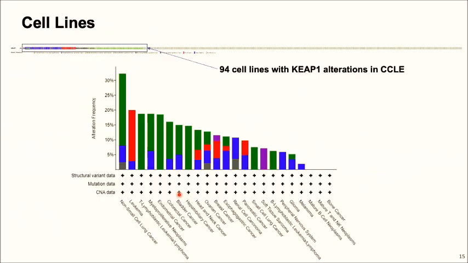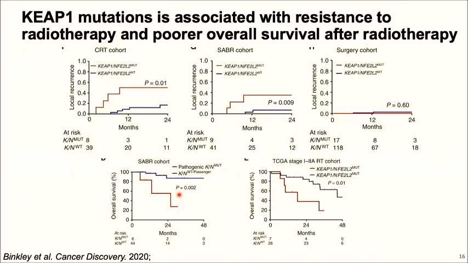We also looked at cell lines from the CCLE database, and also noticed that for non-small cell lung cancer cells in that data set, over 30% of the cells were mutated for KEAP1.